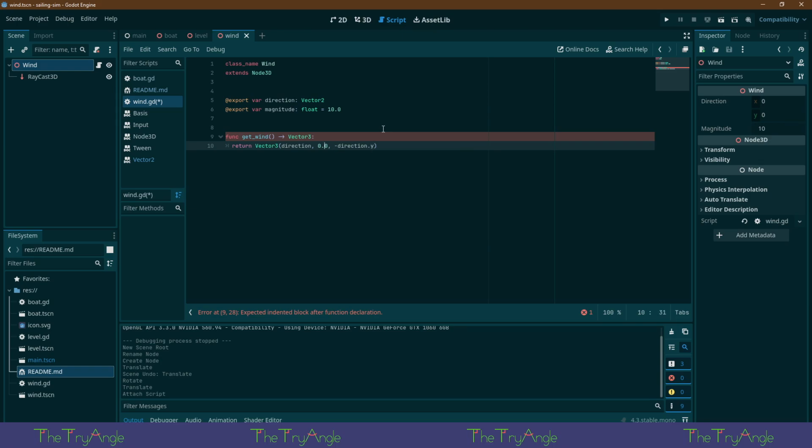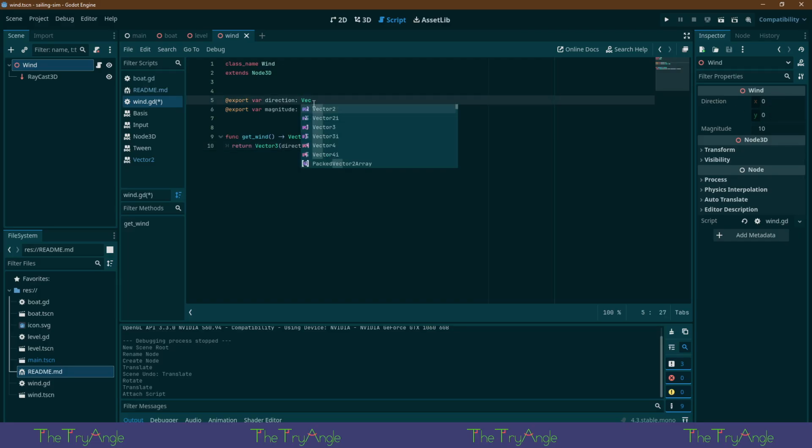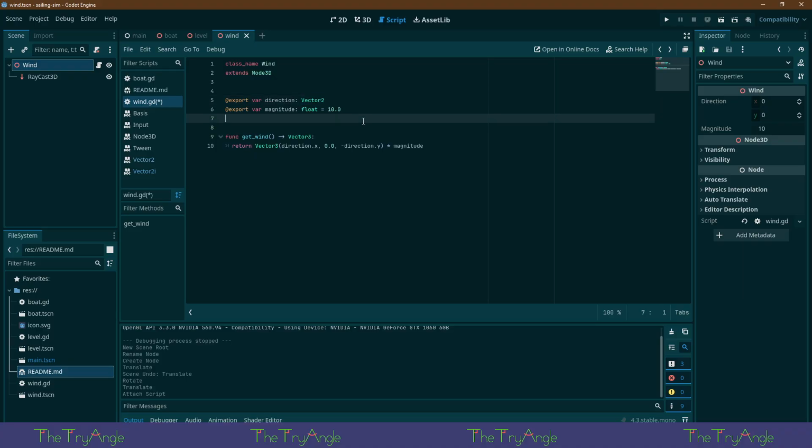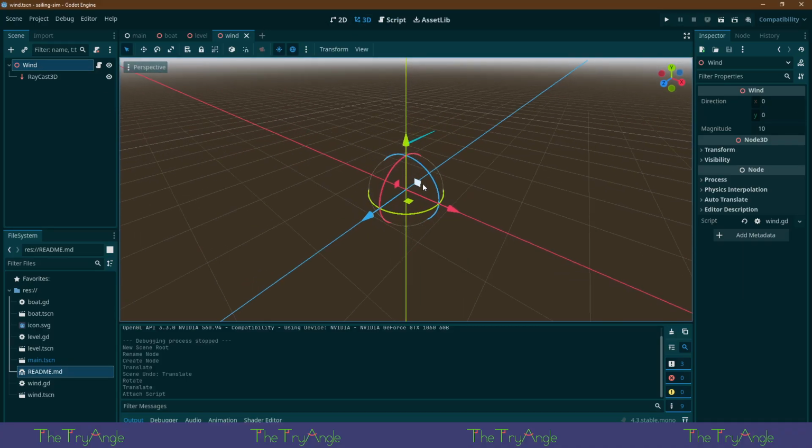I realized I just passed a vector 2 into a float. And then the magnitude. So this should be our unit vector. Is that like a type? Vector 2. What is I? I thought it was imaginary. I was very mathematically excited for a moment.